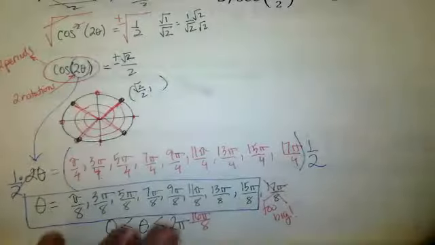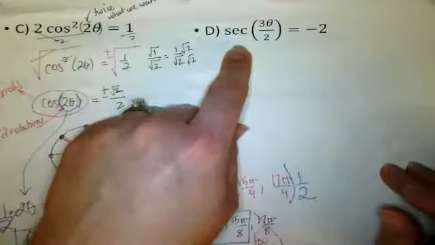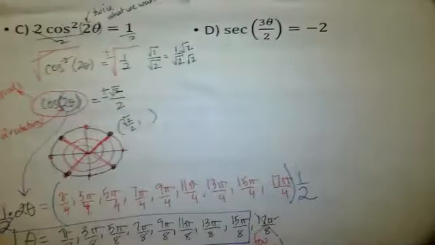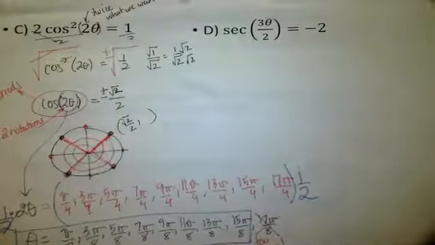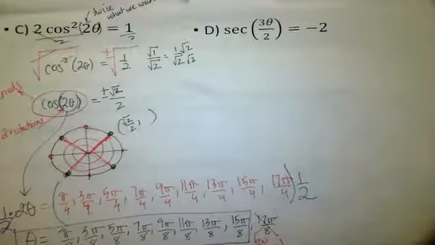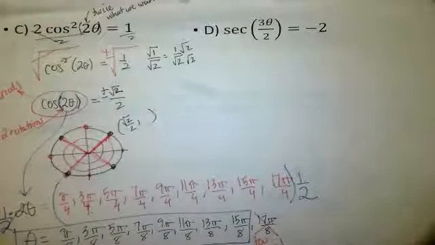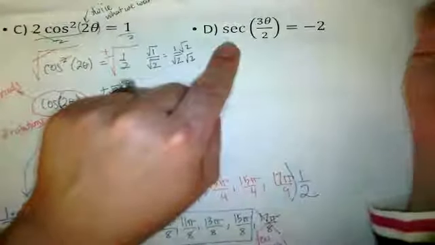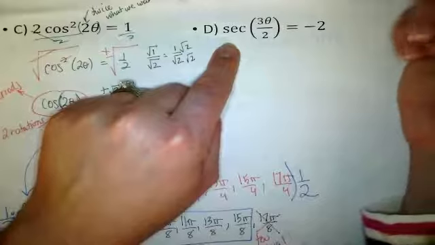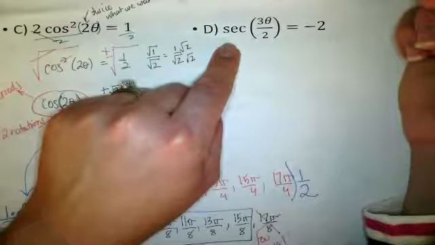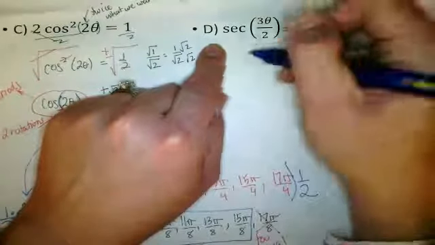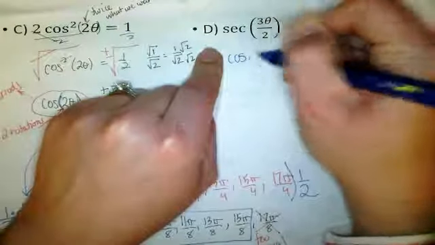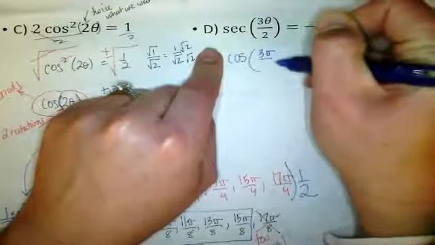All right. Here, this is weird. Secant. I don't have secant on my unit circle. So what we can do is think, I don't know secant, but all I need to do is change it. Sorry, not 3 pi. That's supposed to be 3 theta.